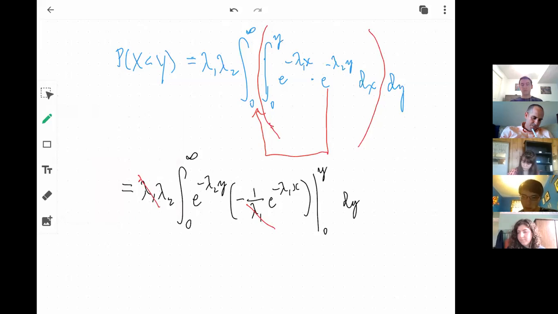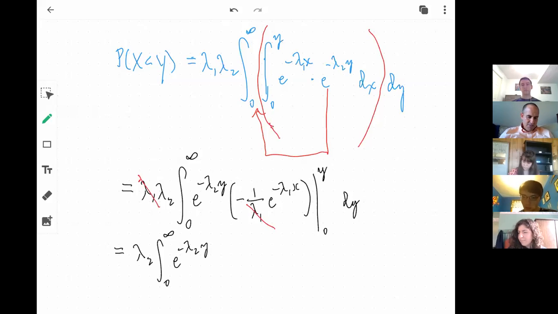Okay, so what do we get? Lambda 2, integral from 0 to infinity, e to the minus lambda 2y. We already canceled the lambda 1s. It's going to be negative e to the minus lambda 1y, correct?